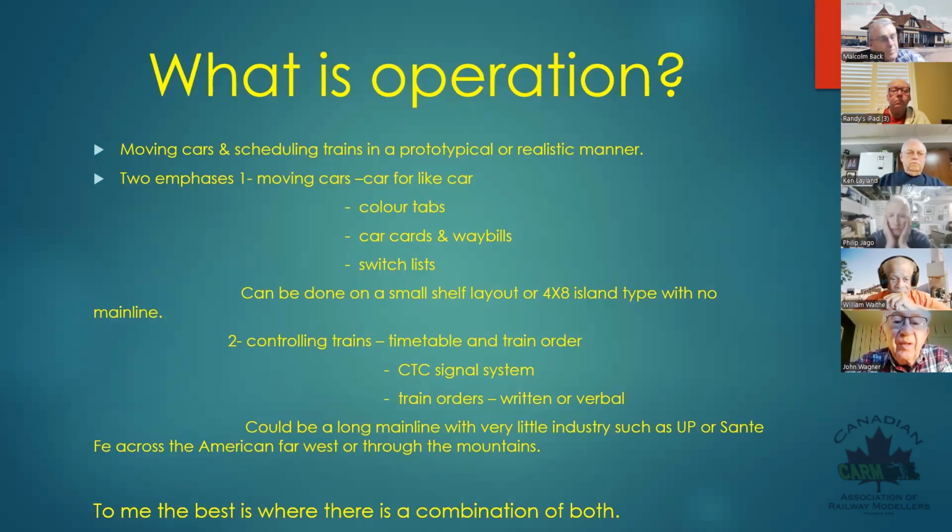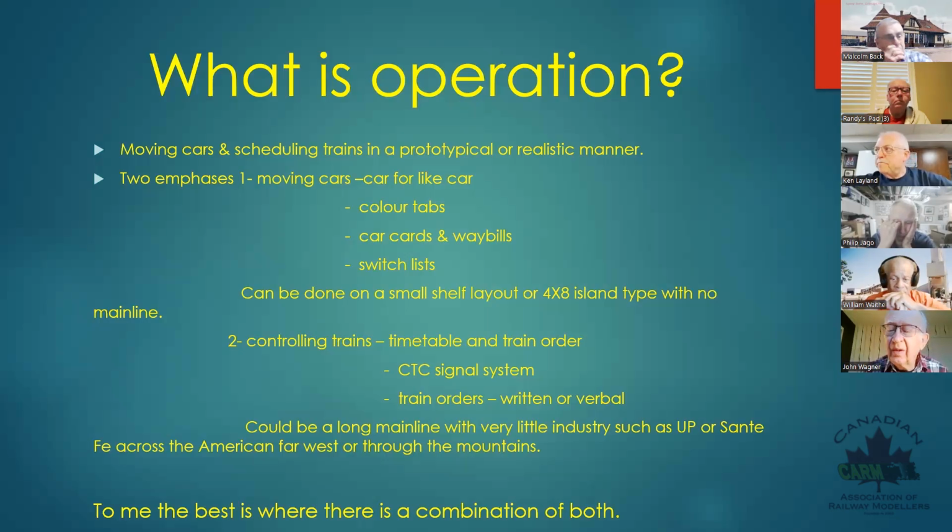It's listed there. It can be a very, very small layout. You can have operation if you're just working at doing industries. Or the other extreme is a big layout with lots of mainline and very few industries.